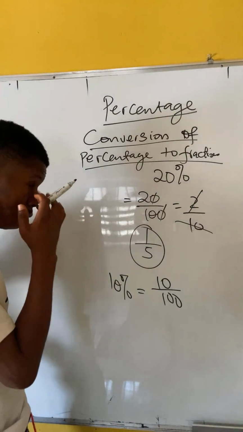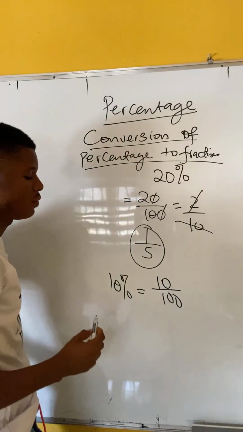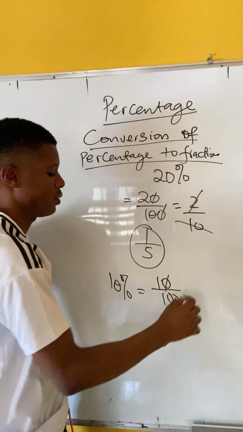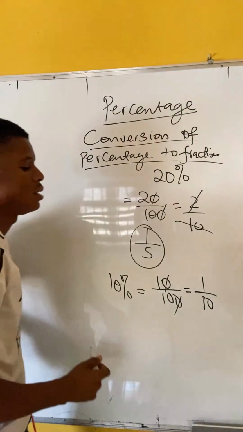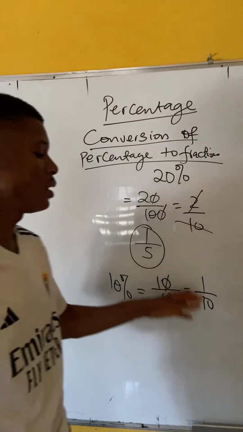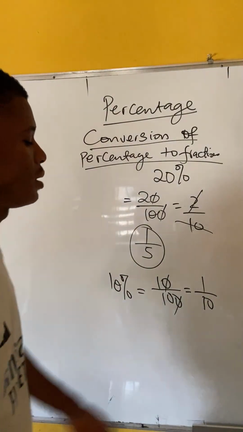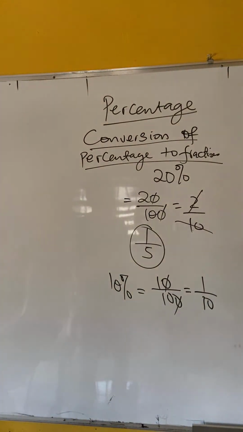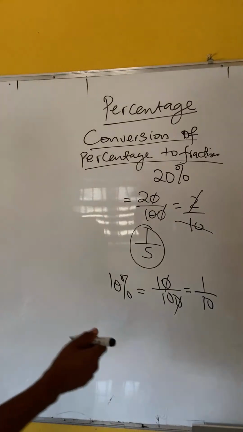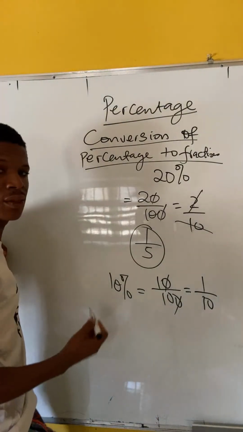You cancel out 0, and you have 1 over 10. There is no other number that can divide 1 and 10 without any remainder. The answer becomes 1 over 10. So this is how we convert percentages to a fraction. It's very easy.